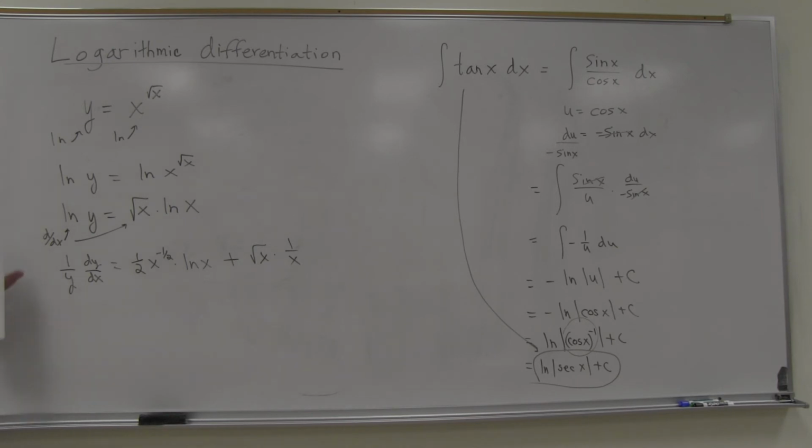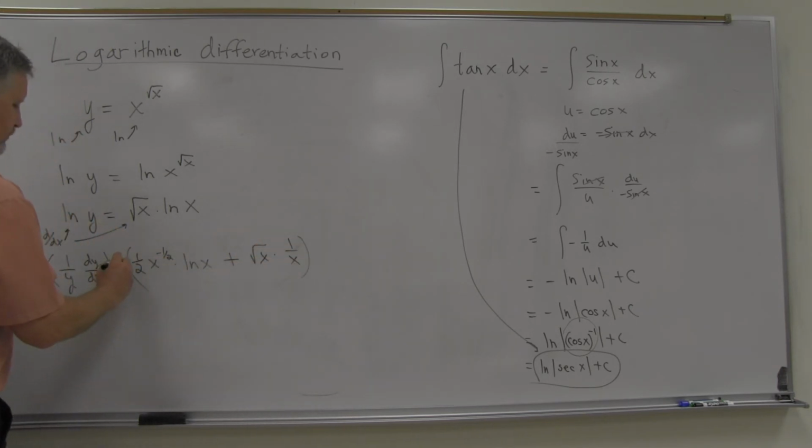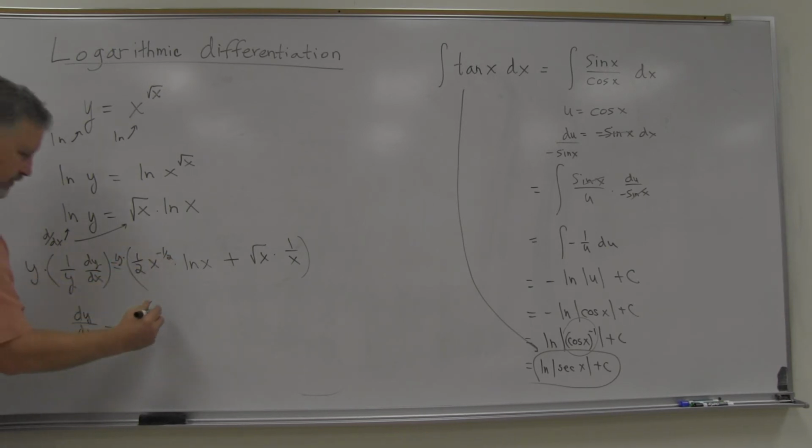Now, the goal was, I guess I didn't write down what we were doing here. We're trying to find y prime, the derivative. So, solve for dy over dx, multiply both sides by y. So we have dy over dx equals y, you can do whatever you want to with that.